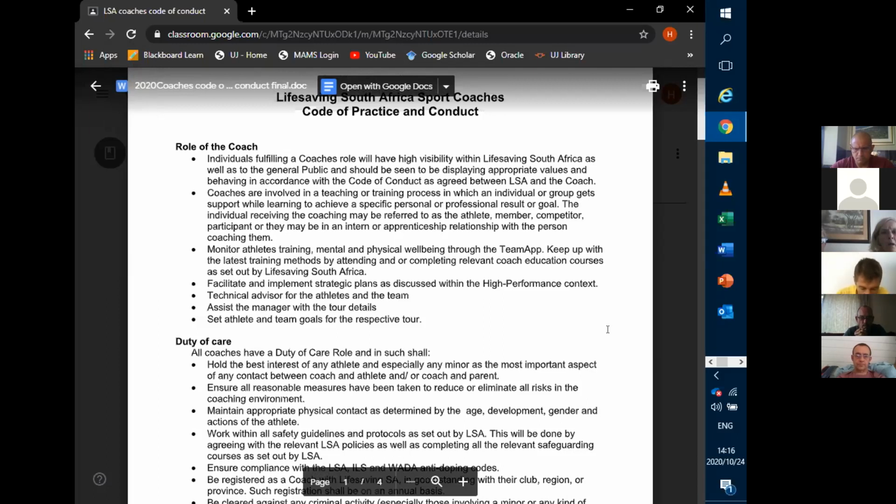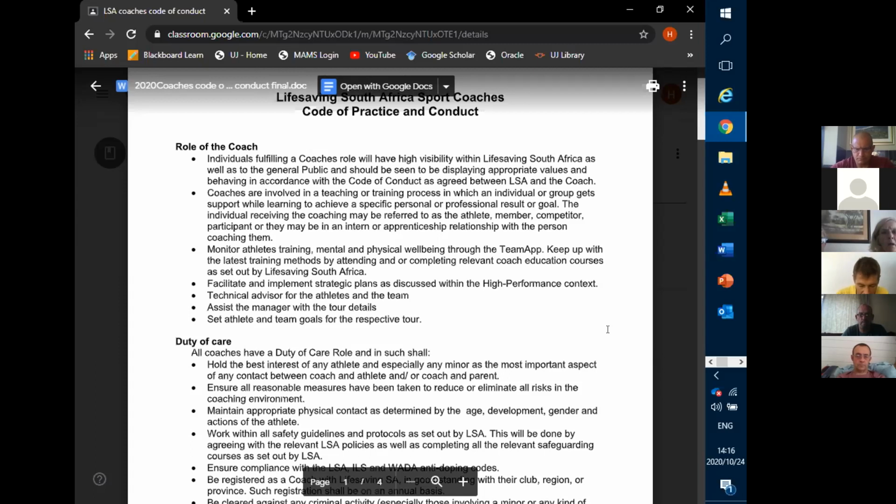Everyone is looking to a coach because they are the most important center of the whole sport. They are teaching and training and coaching, and everything they do, people are looking at. So you are an example for life saving. So that must be done positively.